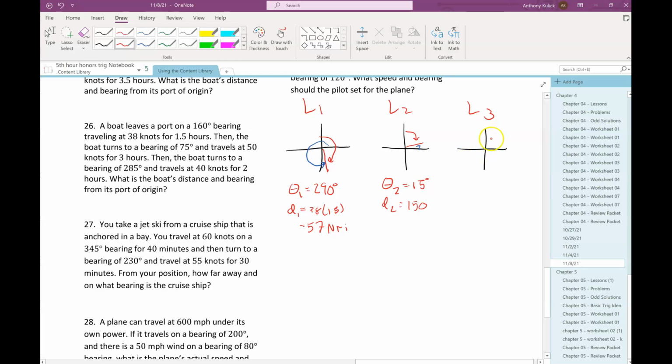And then the last one, bearing of 285, so we're up here. So our theta in that case is going to be 165. Mackenzie, is everything going okay so far? Okay, 40 knots for 2 hours is 80.